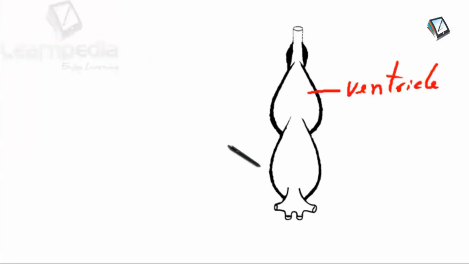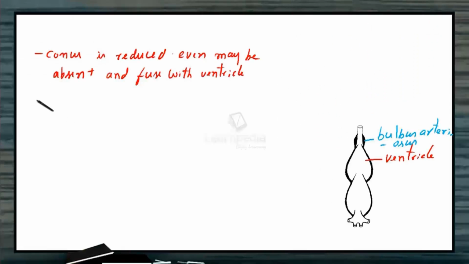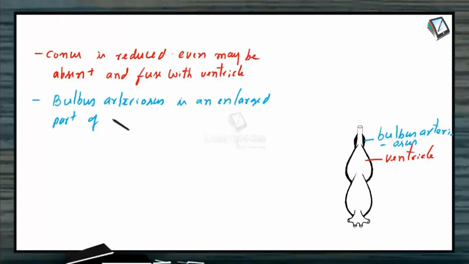Instead, a part of the ventral aorta in contact with the conus arteriosus is greatly enlarged in size with a thick muscular wall. This is called the bulbus arteriosus. So, the bulbus arteriosus is an enlarged part, thick and muscular. That is why it is called bulbus arteriosus. It is inflated like a balloon when the ventricle contracts.